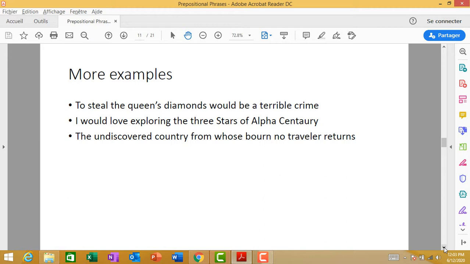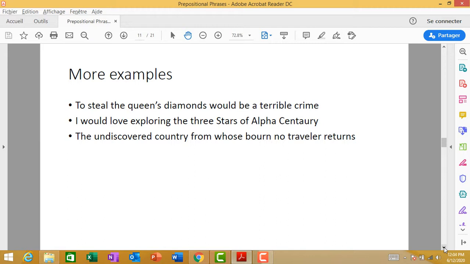So this is something from Shakespeare, from Hamlet. When Shakespeare talks about death, you know, death is a mystery. Nobody knows what it is. That sentence means when you die, you cannot return from death and talk about it. So you die and you don't return. This is what it means.